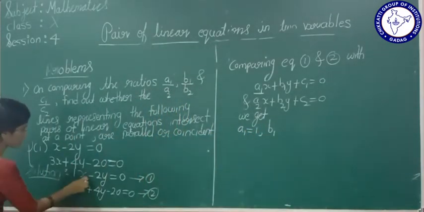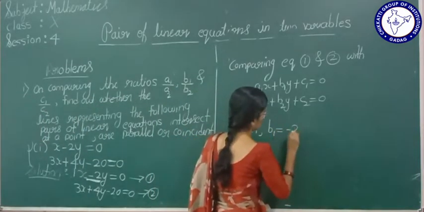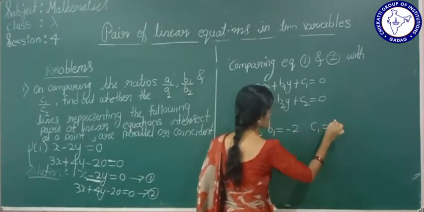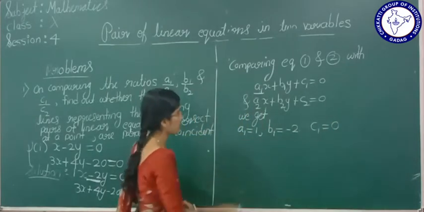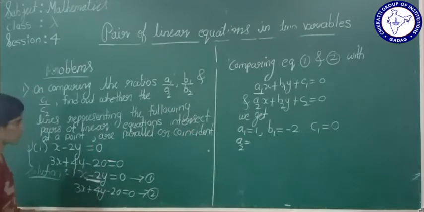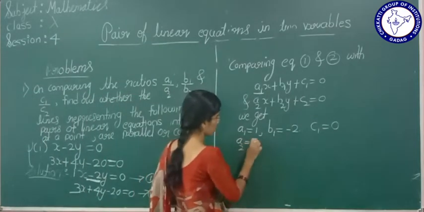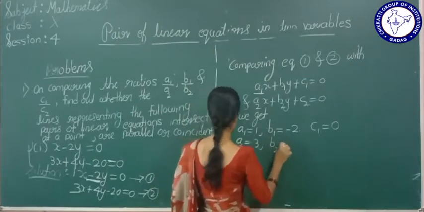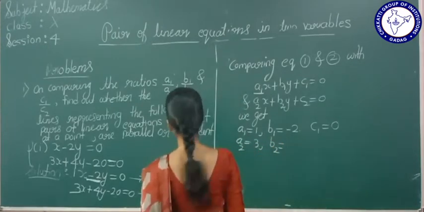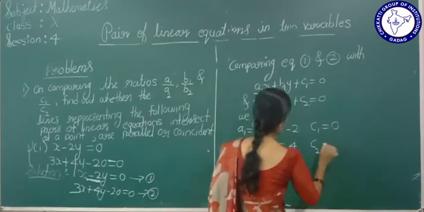In place of b1, it is minus 2. In place of c1, nothing is there, so 0. For equation 2, a2 is 3, b2 is 4, and c2 is minus 20.